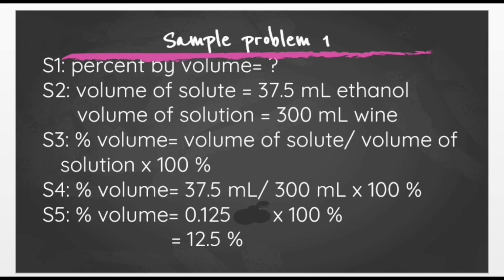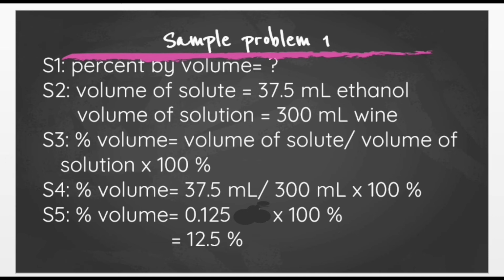Then, volume of solution, so katong solution mo to ang wine which has composed of many mixtures. One of it is the ethanol. So, 300 ml ang iyang solution. Then, so step 3, the formula, percent by volume is equal to volume of solute over volume of solution times 100%.